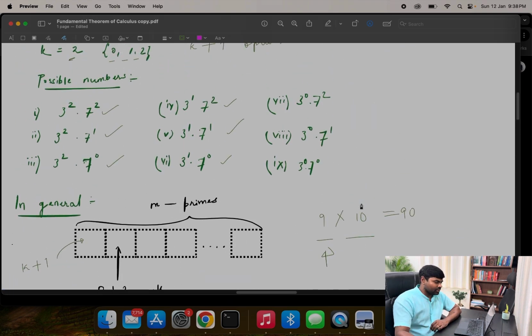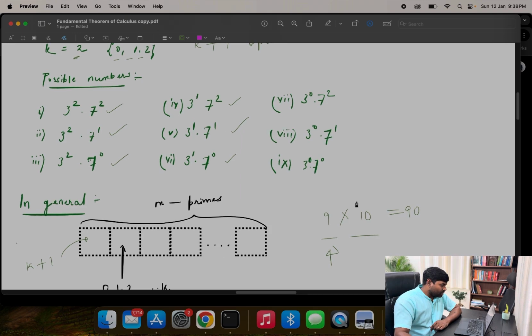Only those places where you have got exactly one of the numbers raised to the power 1 and all others as 0, only they will be prime. So 3 power 1 times 7 power 0. This will be prime because, well, here 7 power 0 is 1 and 3 power 1 is 3. So that is a prime. And the other one will be 3 power 0 times 7 power 1, which is basically 7. These are going to be the only two numbers.